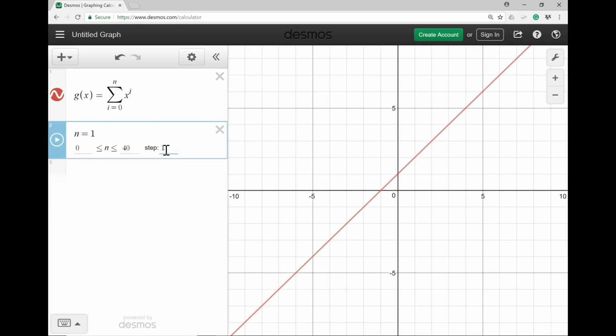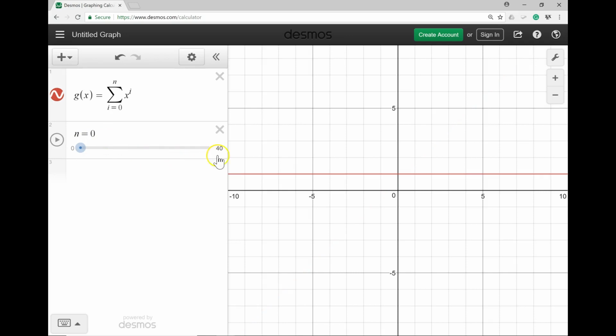I will let you know that depending on the processing power of your computer, you may want to choose either larger or smaller values for n, because the larger it gets, it actually breaks some computers. Desmos can't handle a lot of the computing power, so just be careful.